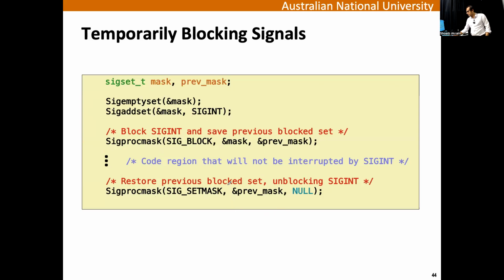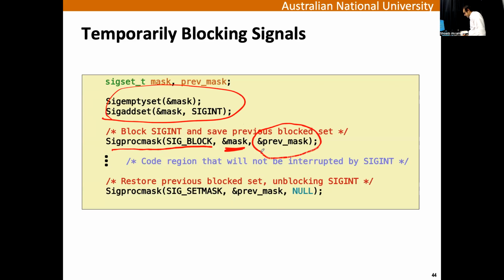Okay, so you block SIGINT. You provide the mask that you created to block SIGINT, and you store the previous blocked set, or previous mask, in a different variable. Once you are done with your work, once you no longer want to block SIGINT, you can apply the previous mask by using SIG_SETMASK.